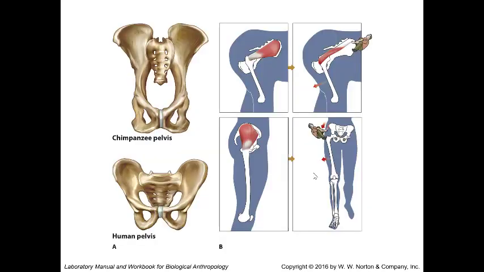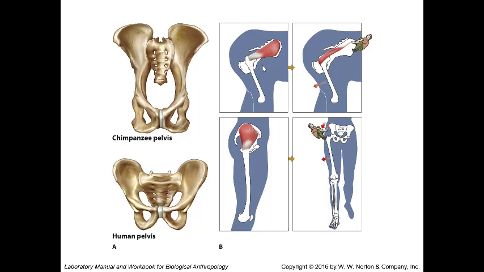So really quickly, I'm going to show you this image here, but I want to explain what is going on here and why that shape difference exists. In non-human apes, if you're looking up here, this is from a non-human ape, the gluteus medius and the gluteus minimus muscle pull the leg backwards, which extends the leg at the hip.